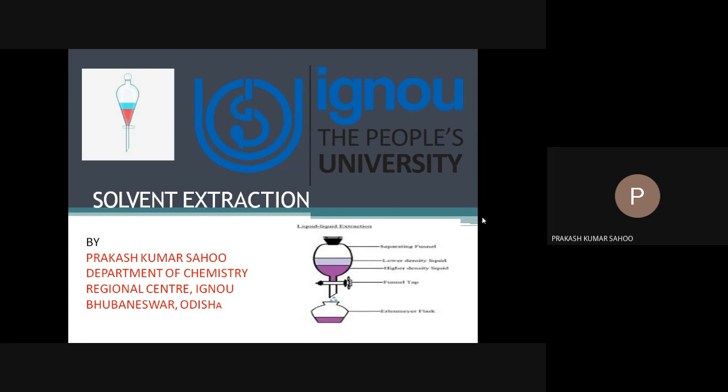So this is solvent extraction. As we know, solvent is generally in the liquid state. Solvent is primarily liquid, but in some cases it may be gas, and solid solvent is very rare.